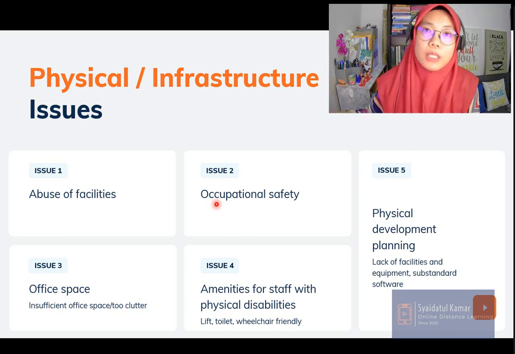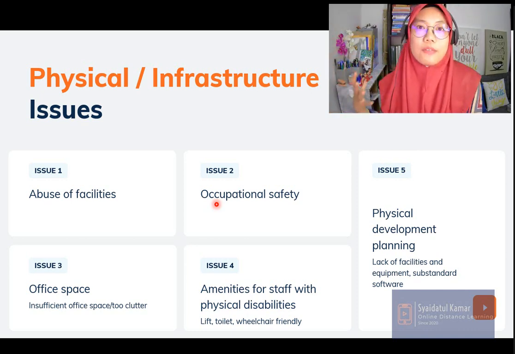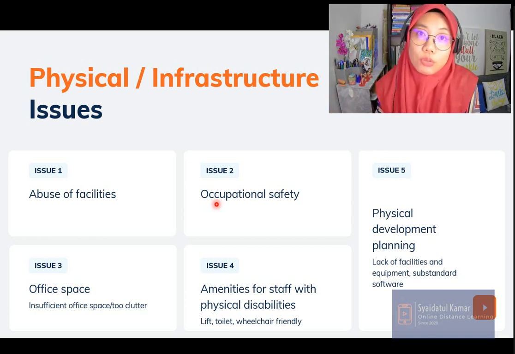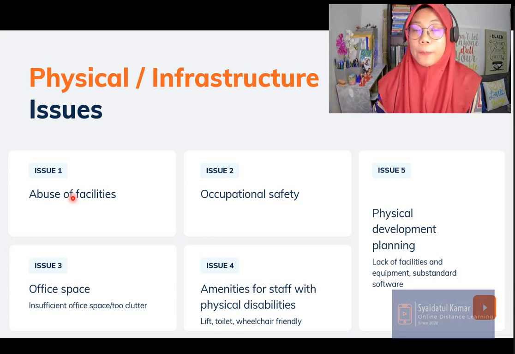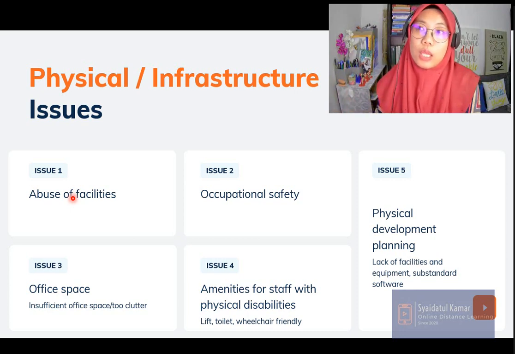Not just the photocopy machine, but any facilities that are available at the office. If the person uses it not for work, that is considered abuse of facilities. And in the long run, it's not good for the company, because later on the company has to bear all the costs.